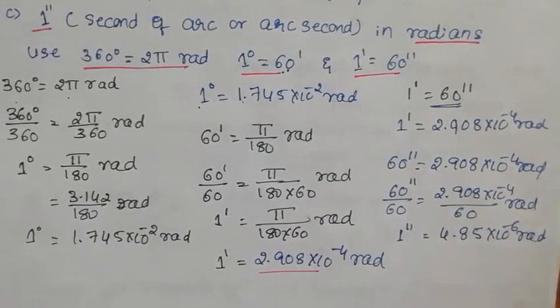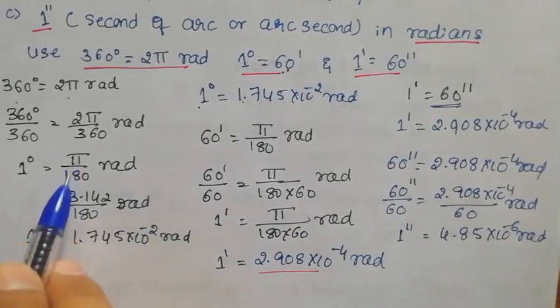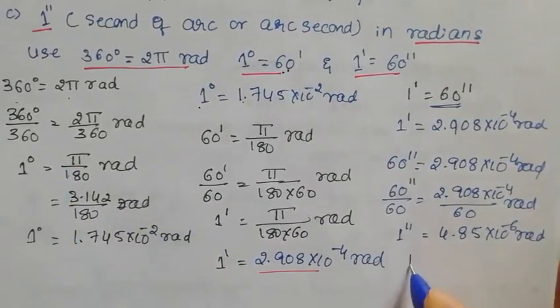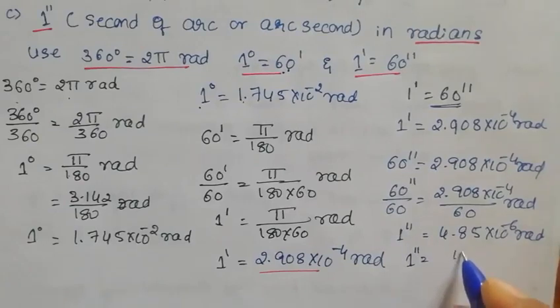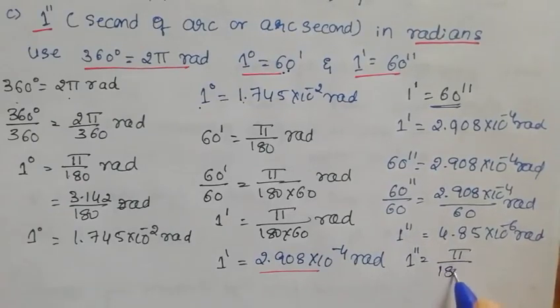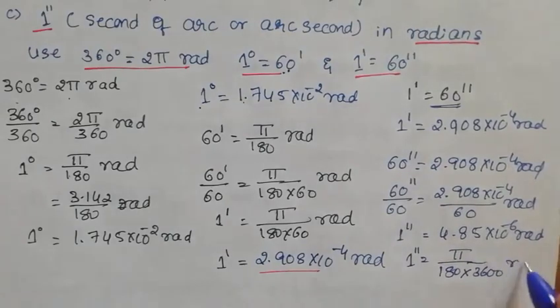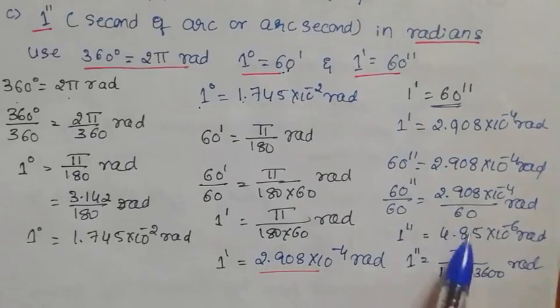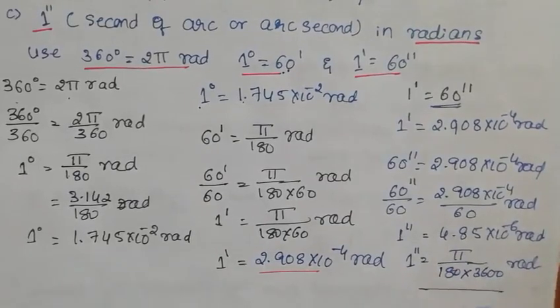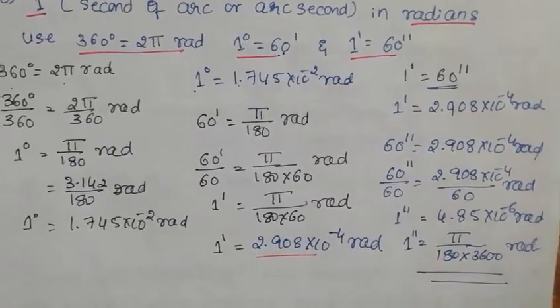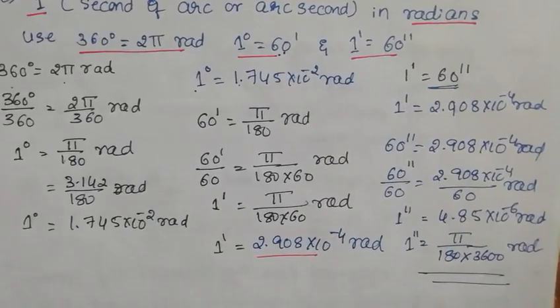Or in terms of pi by 180, 1 second equal to pi by 180 into 3600 radian. Simplify this, we will get the same answer. So this is the conversion from 1 degree, 1 minute and 1 second.